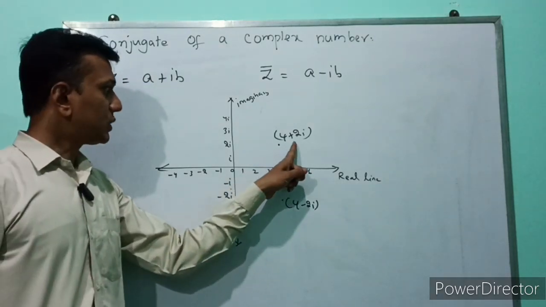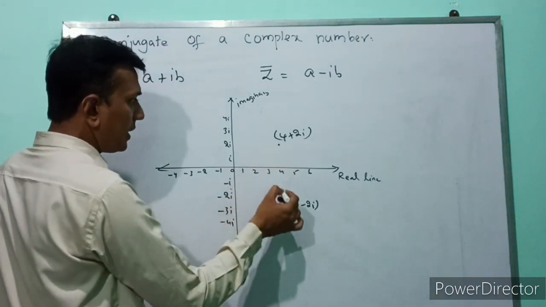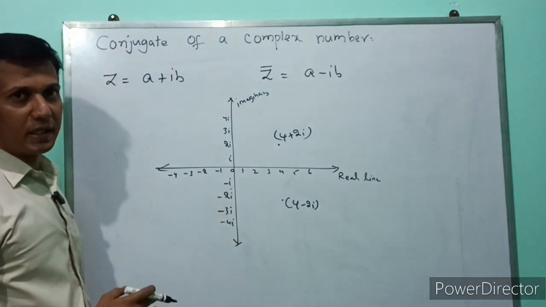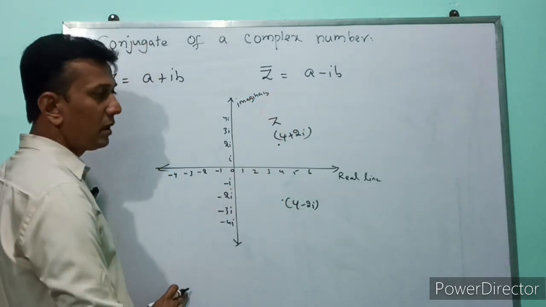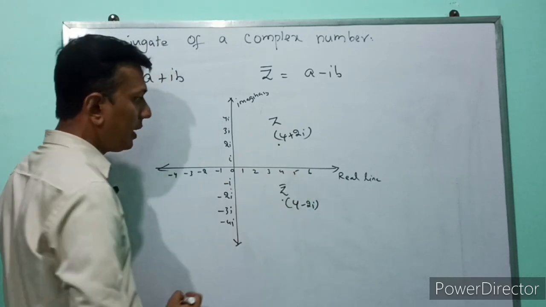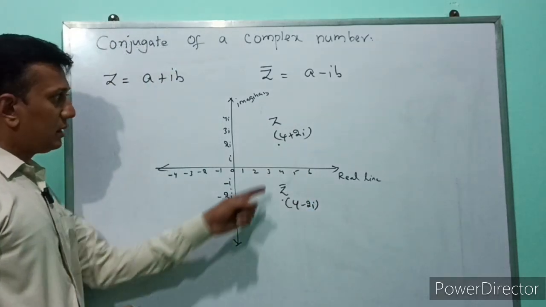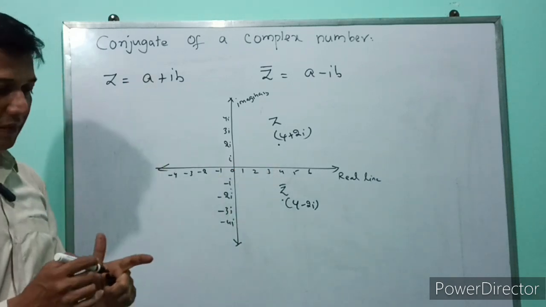So 4 plus 2i, 4 minus 2i. So you can relate this as just like a reflection of that particular original point. If it is the original complex number, that means its conjugate will be the reflection of the given point. So that is the conjugate of a complex number.